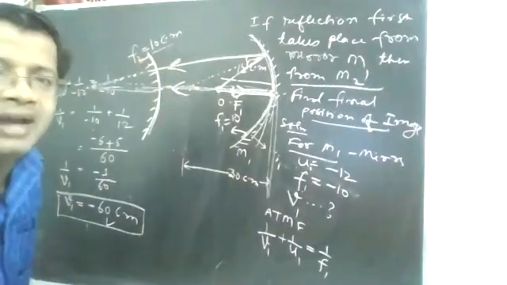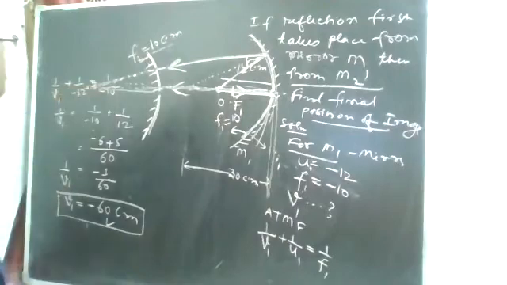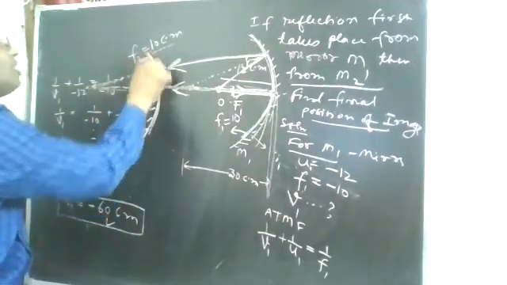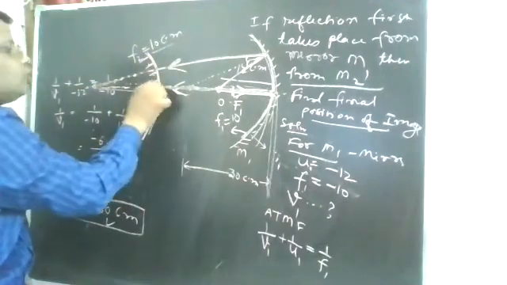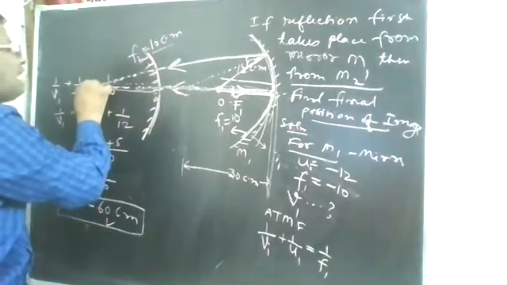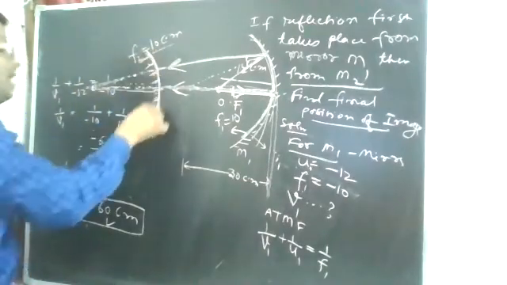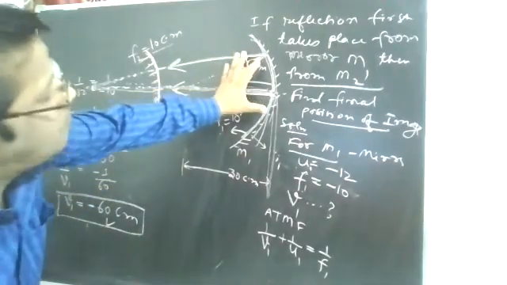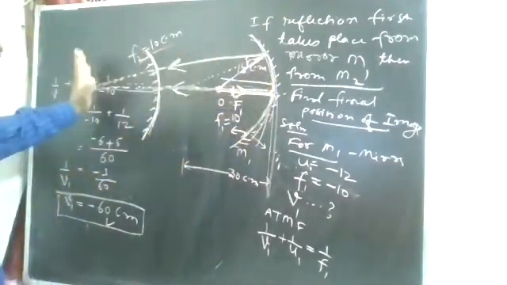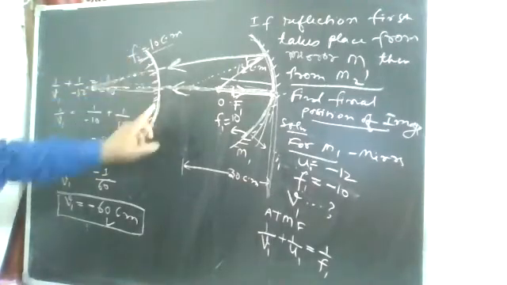We know that the point where two incident rays cut or appear to cut, here they will not really cut because there is a mirror and the mirror will not allow the light to move inside. So the incident rays will appear to cut. That's why this is the object for mirror M2. So what we will say: the image point of mirror 1 acts as an object for mirror M2.